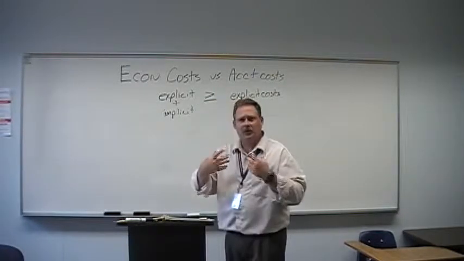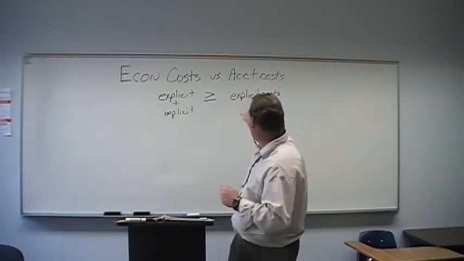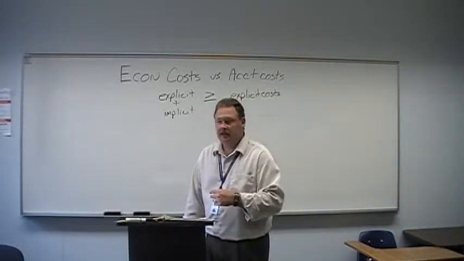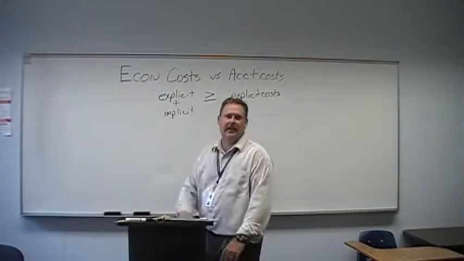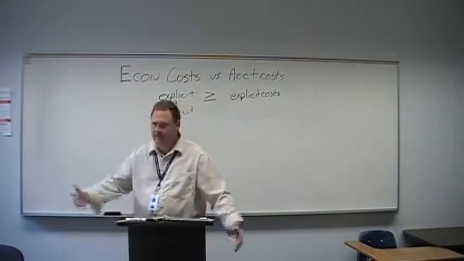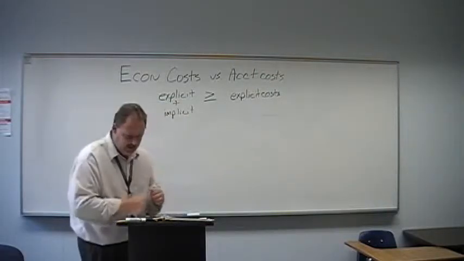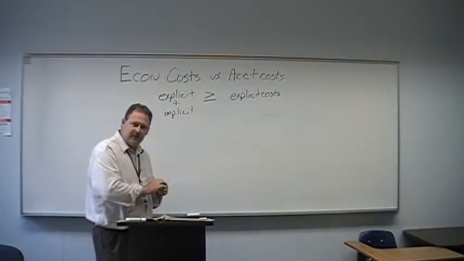If you look at a tree, for instance, the accountant will look at the value of the board feet, where the economist will look at that as well as any sentimental value, shade that it gives, beauty, things like that. That's why there's some difference there.